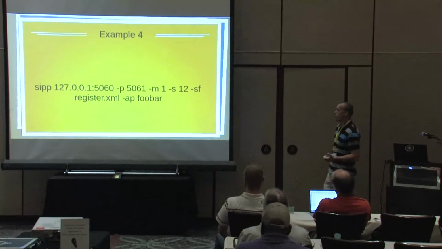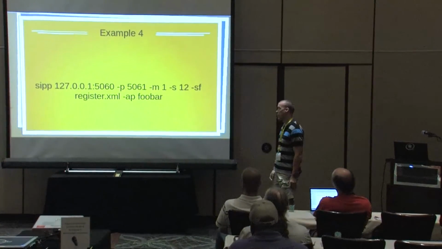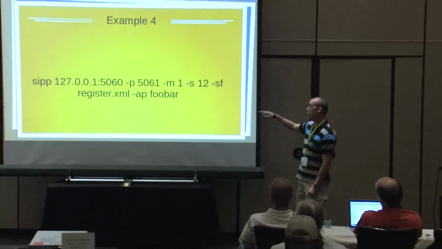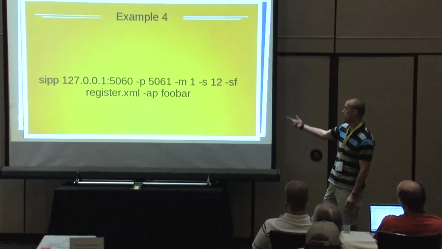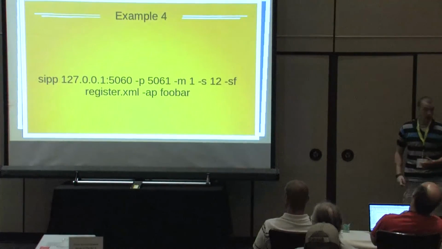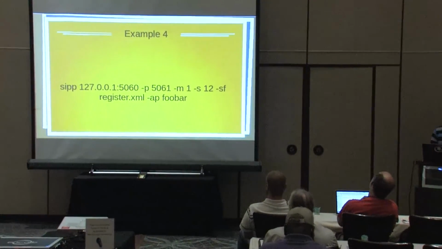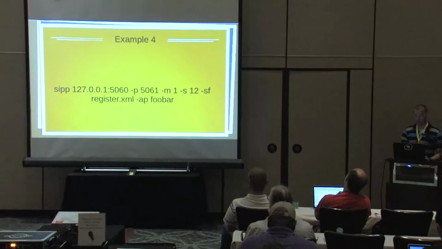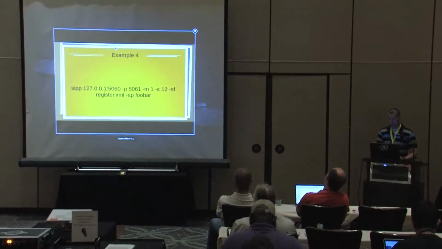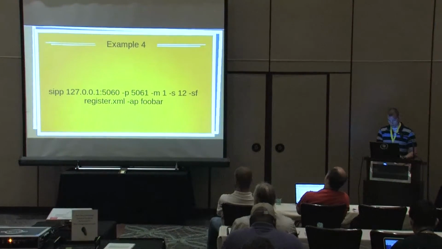So by calling SIPp with a specific scenario file called register.xml, what it does is send a register with the authentication password foobar. If it's successful, you will get a 200 OK. Otherwise, you will get a 403 forbidden.